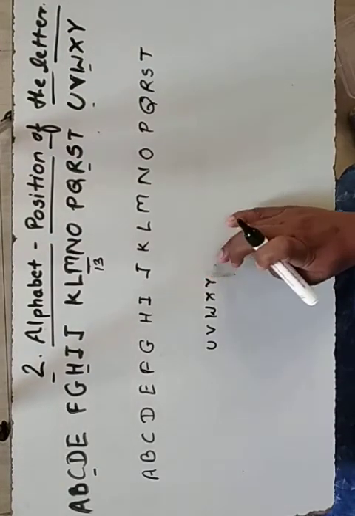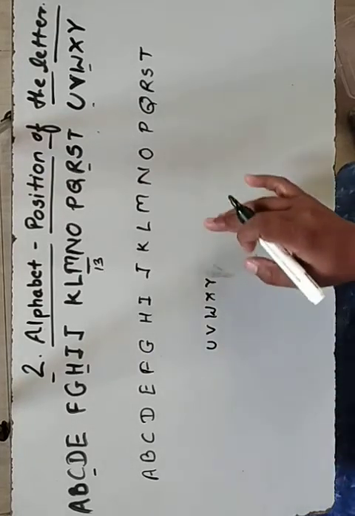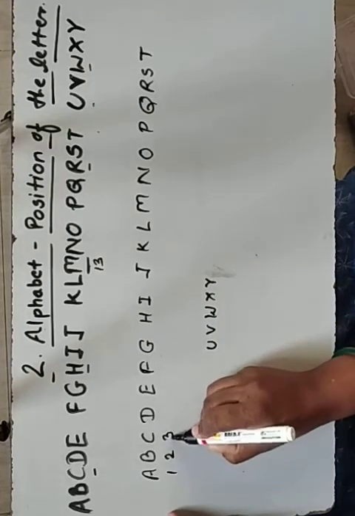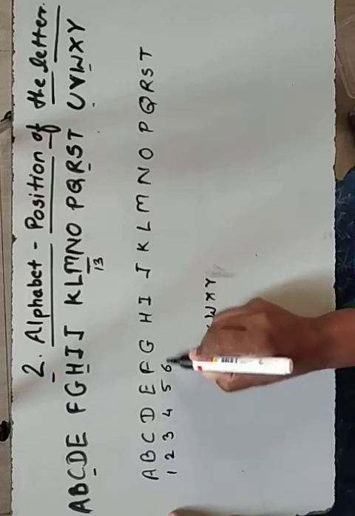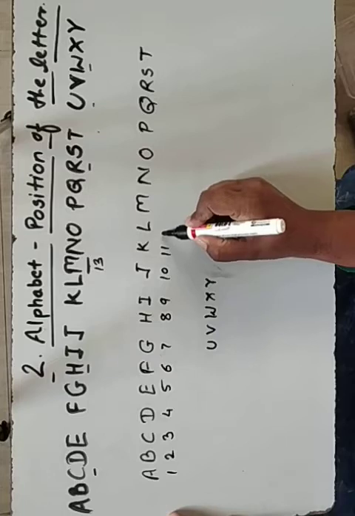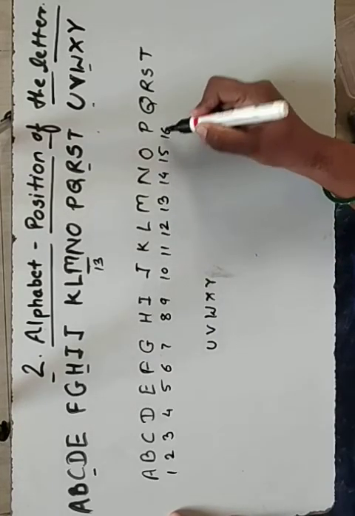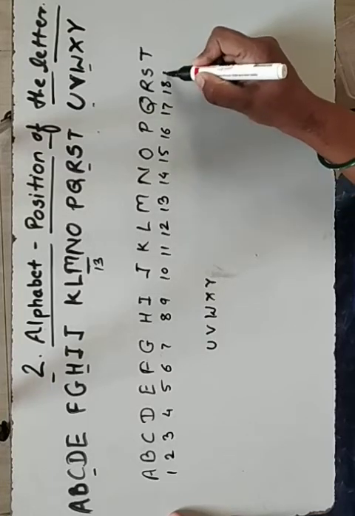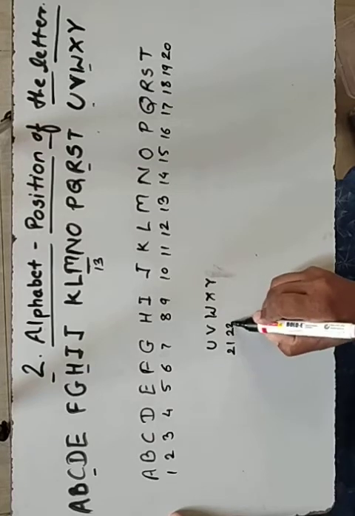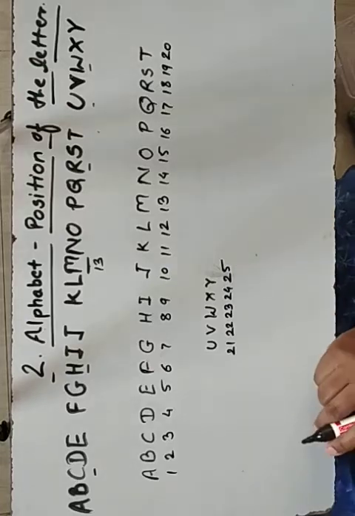So first of all, whenever you are learning this ABCD series, you must know the positions. So A's position is 1, B 2, 3, 4, 5, 6, 7, 8, 9, 10, 11, 12, 13, 14, 15, 16, 17, 18, 19, 20. This is 21, 22, 23, 24, and this is 25.